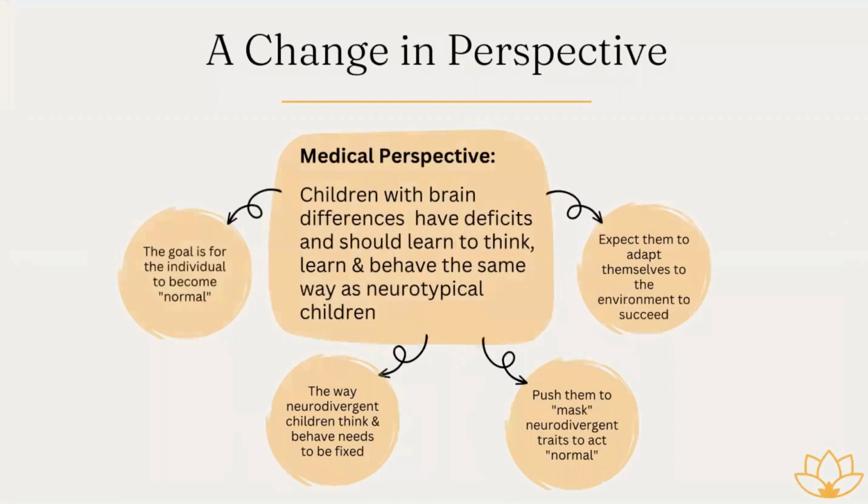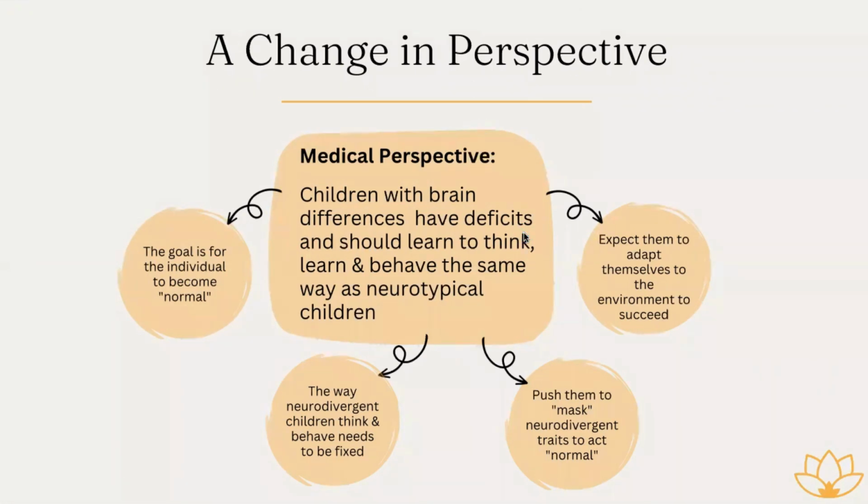Okay, so now we're going to talk about a change in perspective. So we have the medical perspective of autism or neurodivergence, and the medical perspective kind of approaches things as children with brain differences have deficits and should learn to think, learn, and behave the same way as neurotypical children. So this is looking at things like, what are the deficits associated with neurodiversity and neurodivergence?